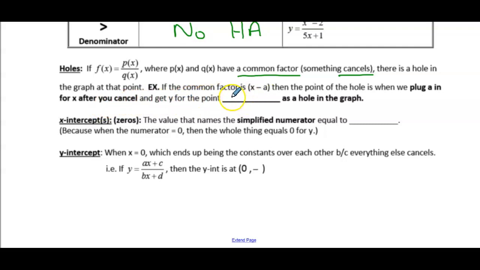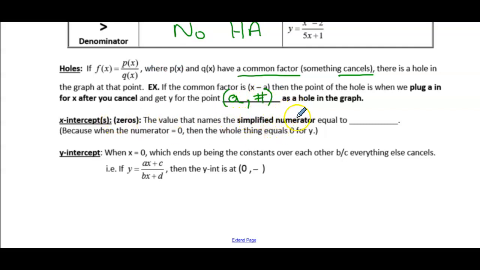So the hole is going to be at a point. In this case, it's going to be at a, because a is negative here. We set that equal to 0, comma, and then we take this a and put it back into the equation and solve, and you'll get some number. I will show an example of that in the next video.